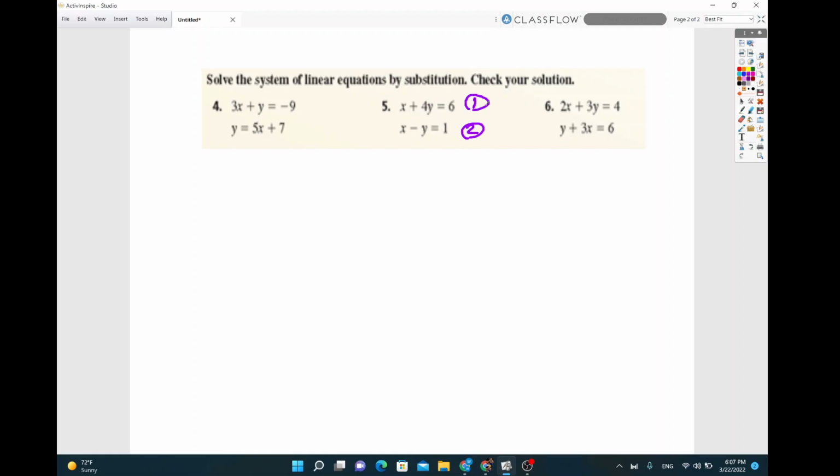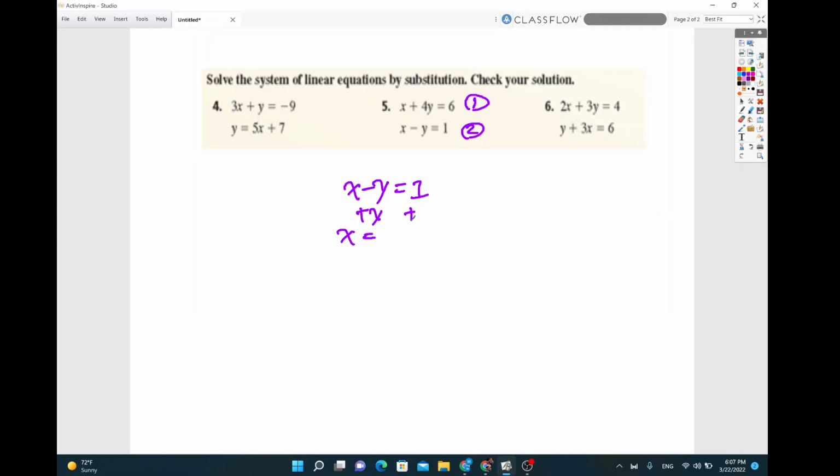It doesn't matter which equation you choose to isolate the variable, but you always want to choose the one that looks easier, the one that can be simplified easily. The one I would choose is the second equation, because this one is very clear. There's nothing in front of the x and y except the 1 and negative 1. So solve for x in terms of y.